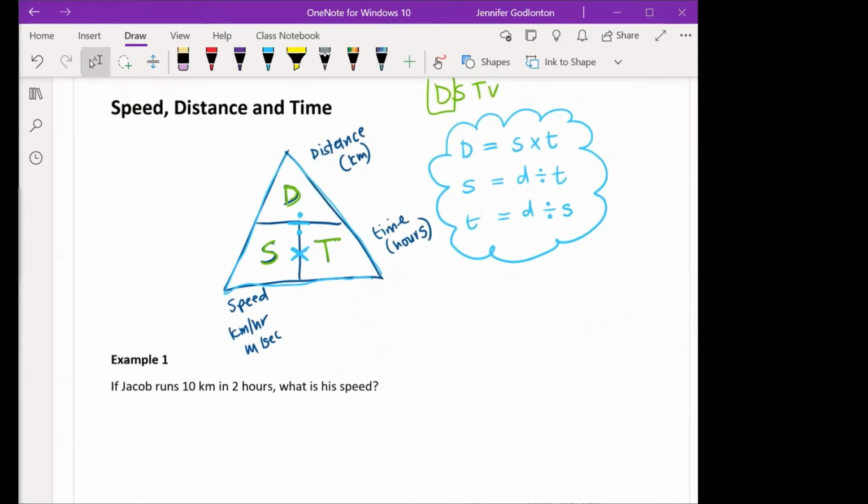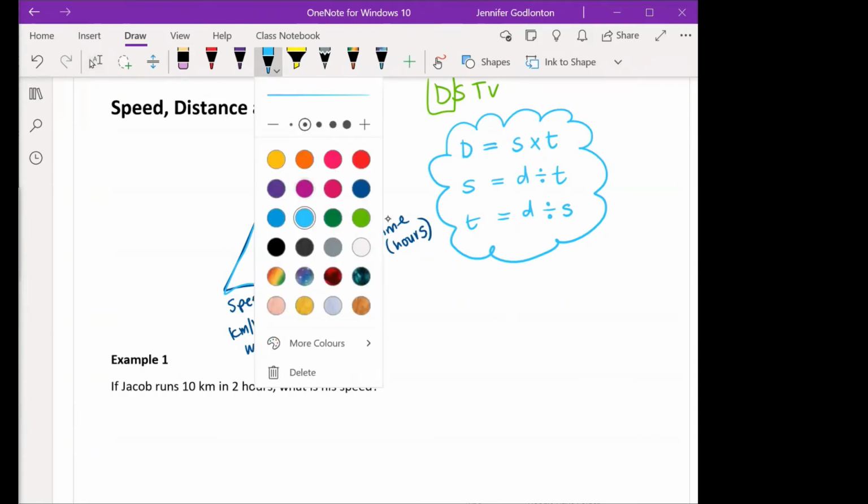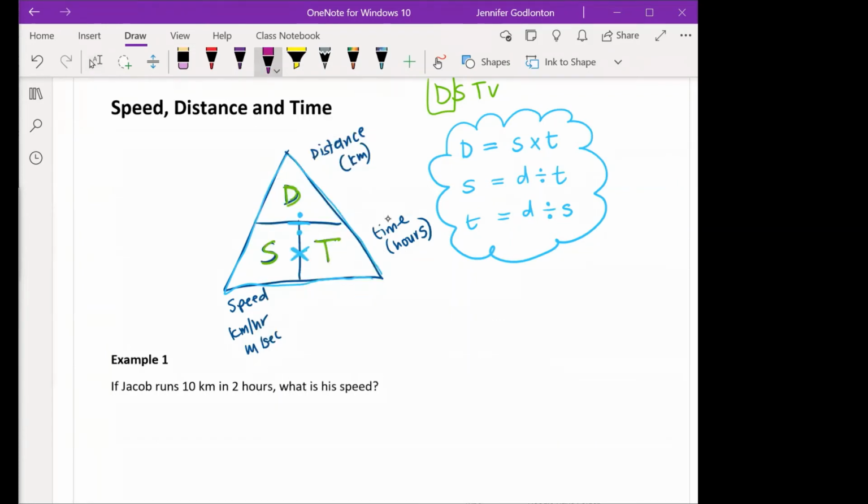If Jacob runs 10 kilometers in 2 hours, what is his speed? The first thing we do is write down exactly what we're dealing with. Jacob runs 10 kilometers, which is distance, and he runs it in 2 hours, which is time.